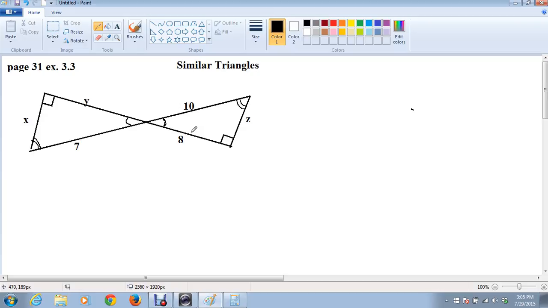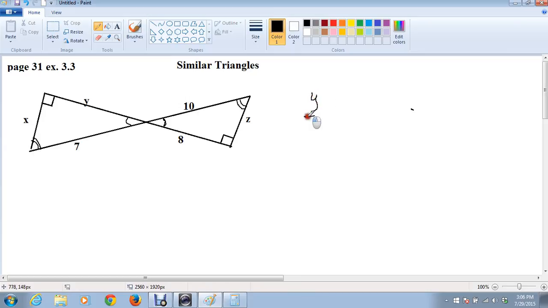So I can see which sides go together, and I can set up my proportions, because remember that similar triangles have proportional sides. So if I want to find Y, then I can say, all right, Y goes with the double arc, so Y goes with 8.